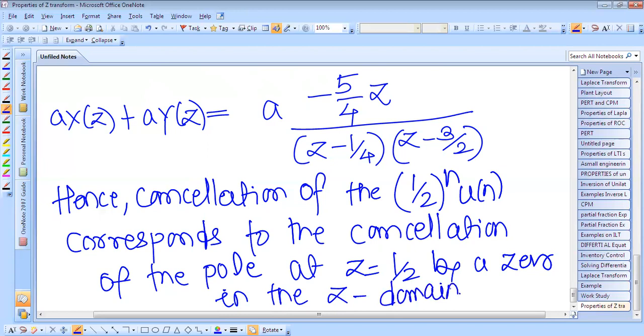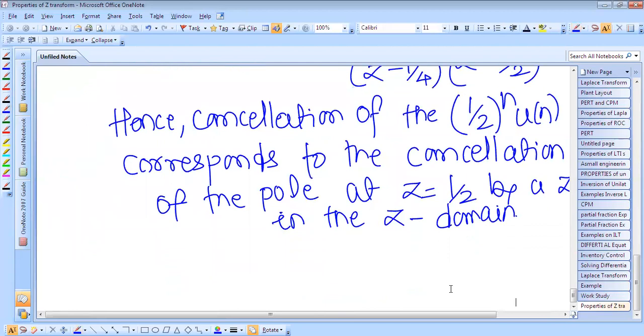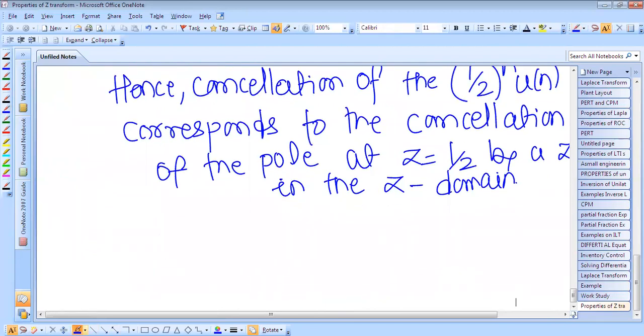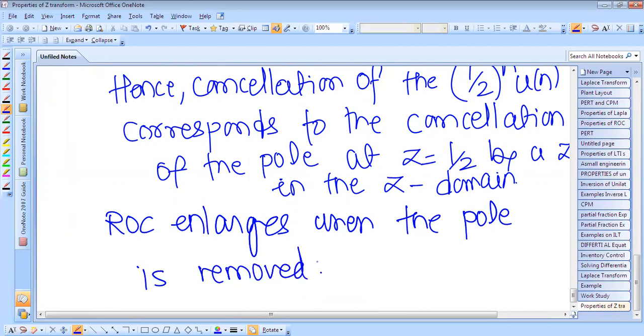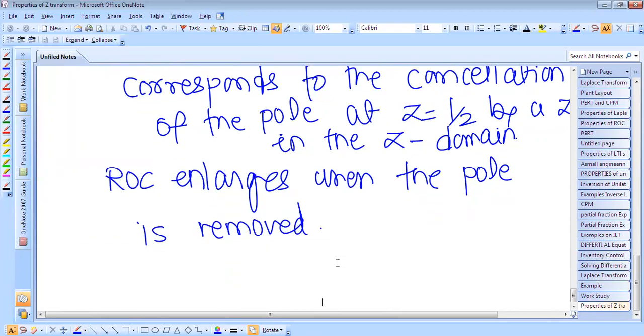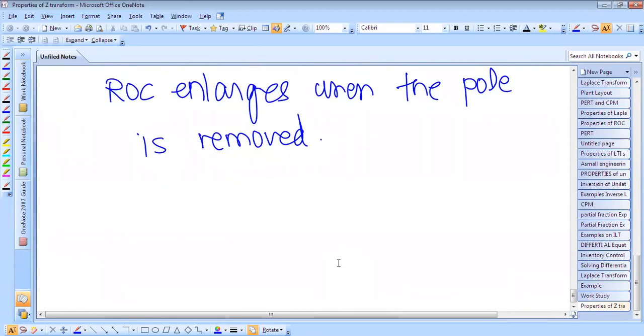Okay, so this pole defines the ROC boundaries. So the ROC enlarges when the pole is removed. Okay, this is the linearity property.